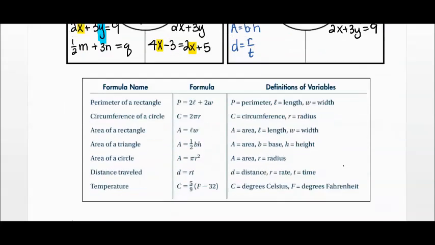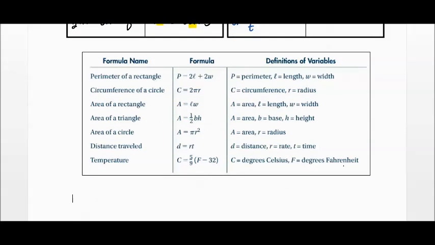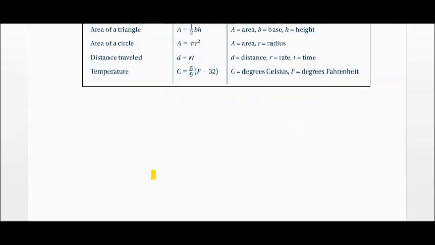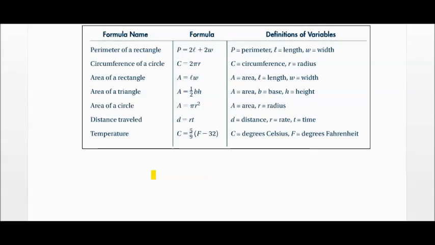Below here, this is from your book, and it's a very important part of your book. It's a chart that shows lots of really commonly used formulas. So let's look at some of these formulas. We have the perimeter of a rectangle.